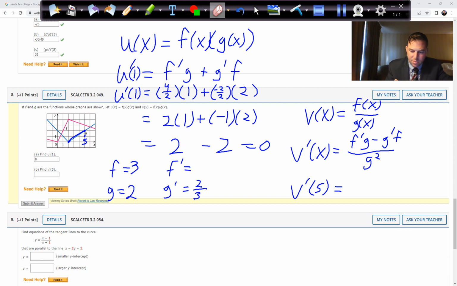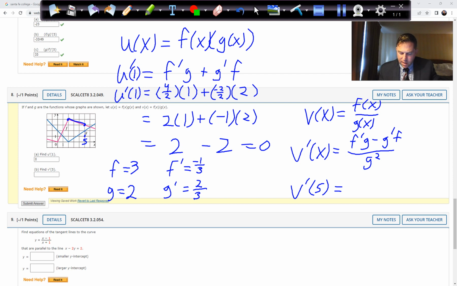Now let's look at f prime. F prime at that spot would be right here. Well, the other dot that we're going to look at is right there. It drops by -1, and it runs by 1, 2, 3. So the slope there is -1/3.